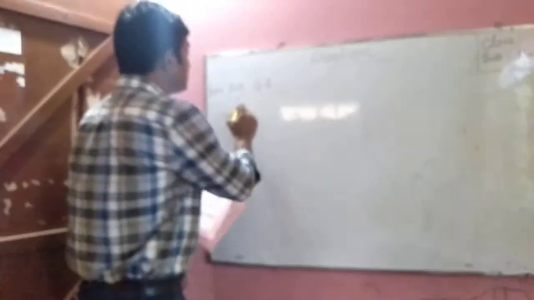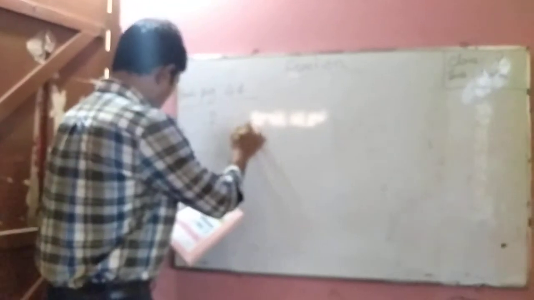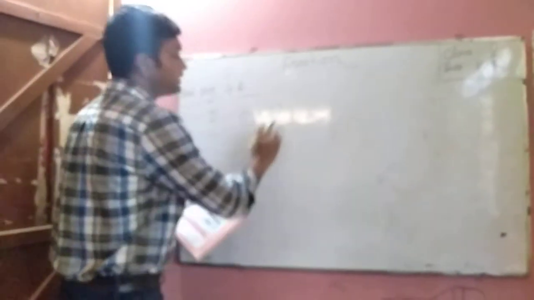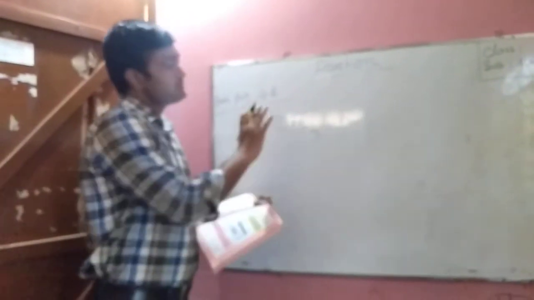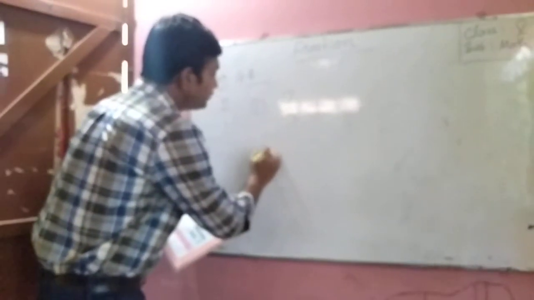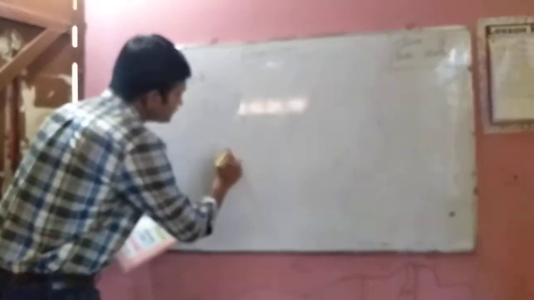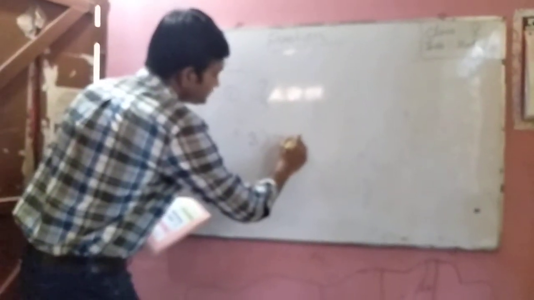Number 2 is to change into mixed fraction or integers. Number 1, 7 by 3 is given. Then what? The numerator is greater than the denominator, so it is an improper fraction, right? So we have to convert it into a mixed fraction. How? First of all, we will divide 7 by 3.